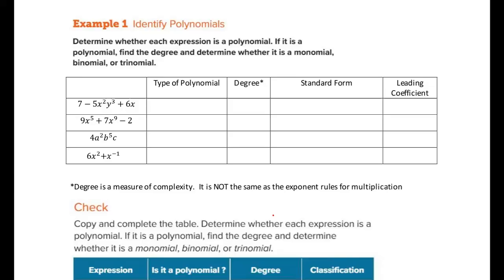So this is a yes. It is a polynomial. What type of polynomial? How many terms does it have? 3. What do we call a 3-term polynomial? A trinomial. So this is a trinomial, right? But we need to try to remember the fancy name, trinomial.